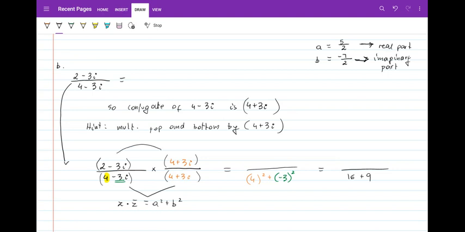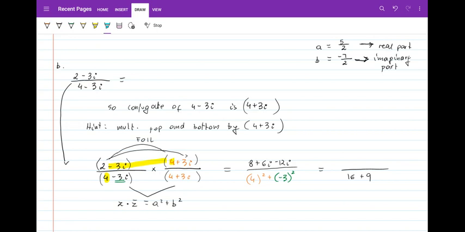Numerator, no shortcut. We need to FOIL. So we have 2 times 4, which is 8. 2 times 3i, which will give us 6i. Then negative 3i times 4, which is negative 12i.